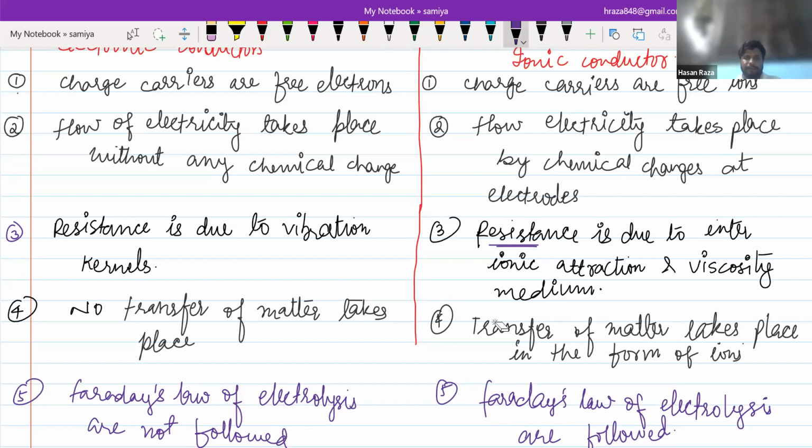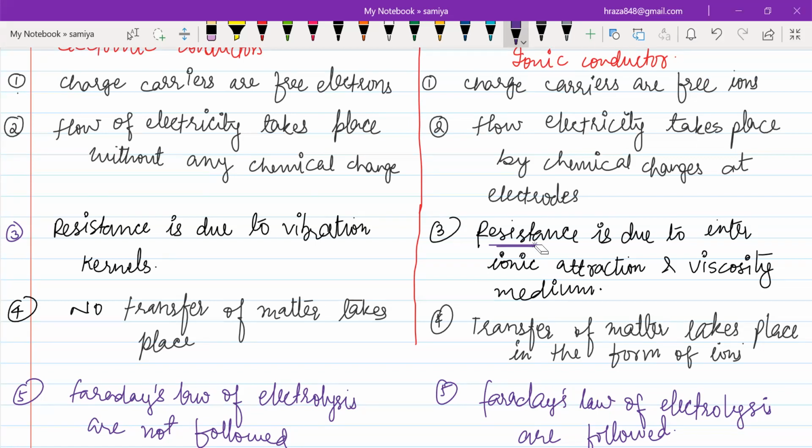Samia, Madiha? The ability to resist charge. Charge? No. So basically, resistance is the property of any conductor which resists the flow of current. That is resistance. It doesn't resist charge, but it resists the flow of charge. Are you getting my point, Rim?